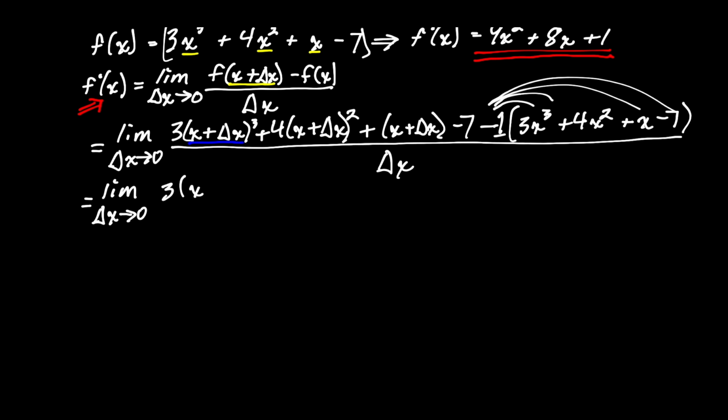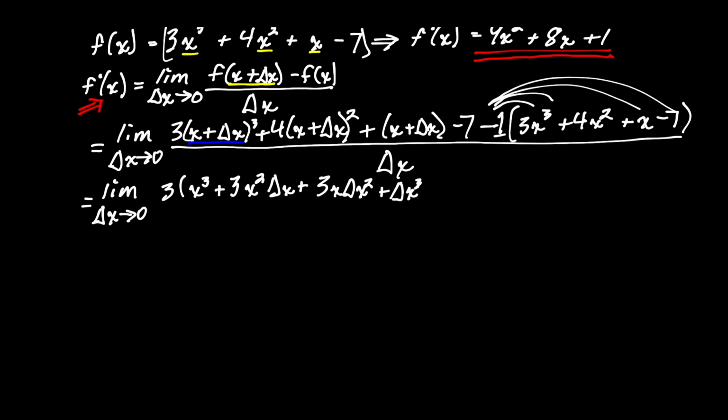So it ends up becoming x cubed plus, actually, that's going to be 3, isn't it? 3x squared delta x plus 3x delta x squared plus delta x cubed.